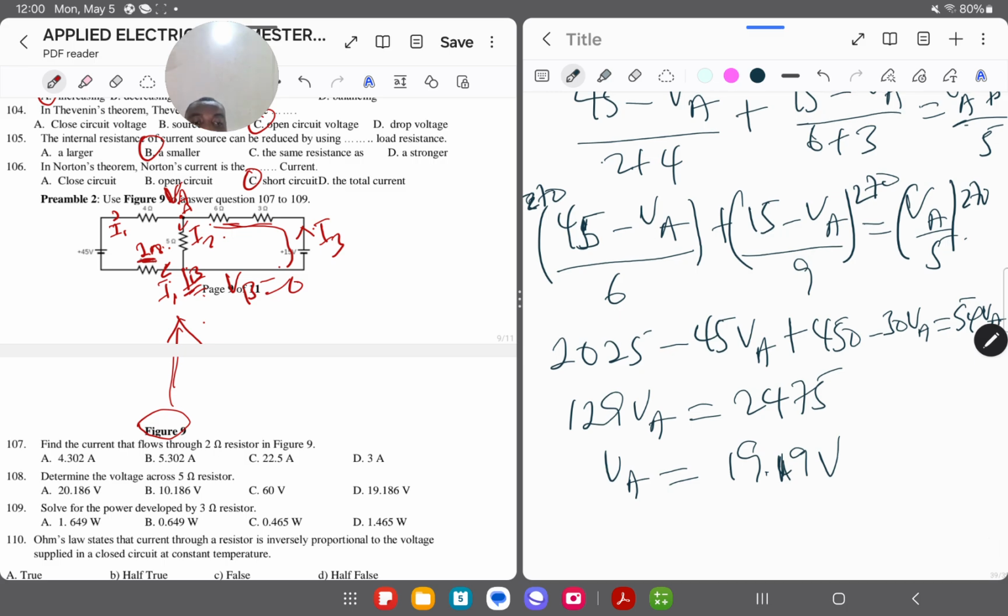So that will be the VA. Once I've gotten VA, we're interested in I1. So I1, like we saw, was what? 45 minus VA over what? 6. So that is now going to be 45 minus 19.19 divided by 6.